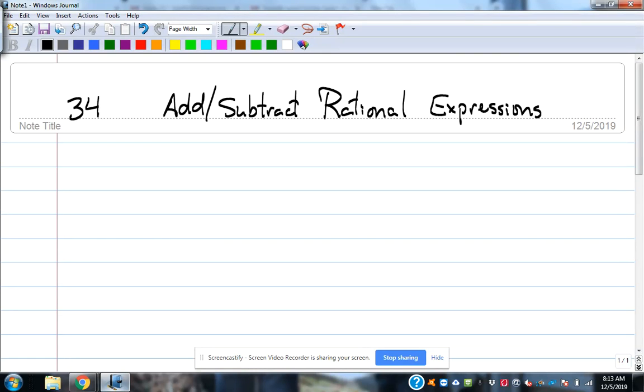All right, guys. Adding and subtracting rational expressions. So you're just adding and subtracting fractions. To add and subtract fractions, you must have a common denominator.